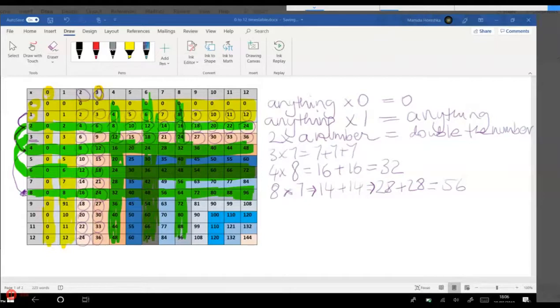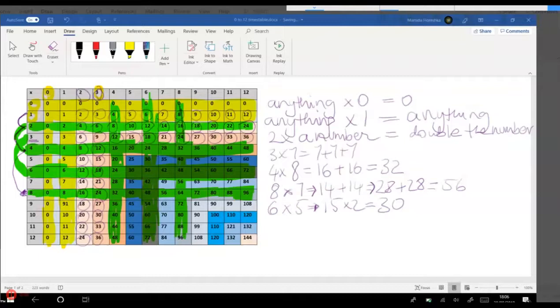Let's say I want to do 6 times 5. So to get 3 lots of 5, I got, okay, 5 and 5, 10, and another 5, 15. So that's 3 lots of them. Double that, 15 is 30. So get the 3 and then double that to get the 6.